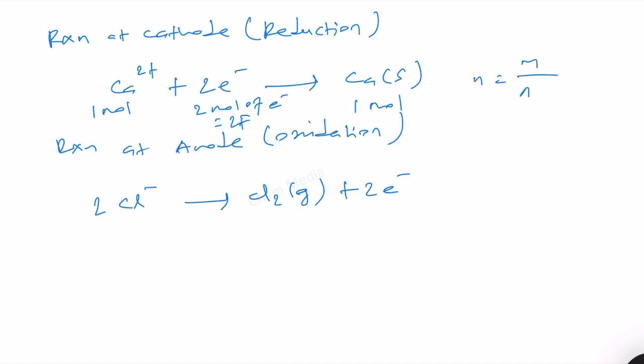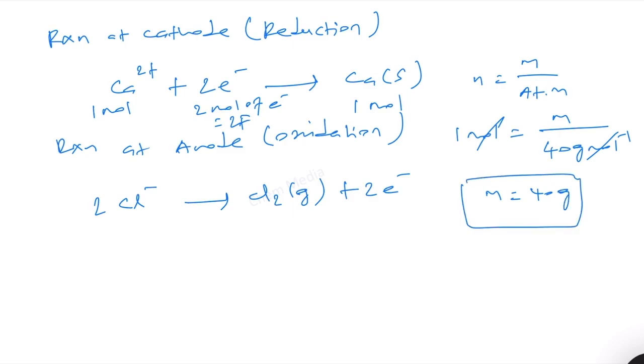In this case we have to use atomic mass because we are talking about calcium. So 1 mole equals mass divided by 40 gram per mole, and therefore the mass is 40 gram. So 1 mole of calcium is equal to 40 gram, that is equal to 2 moles of electrons, and that is equal to 2 Faraday.